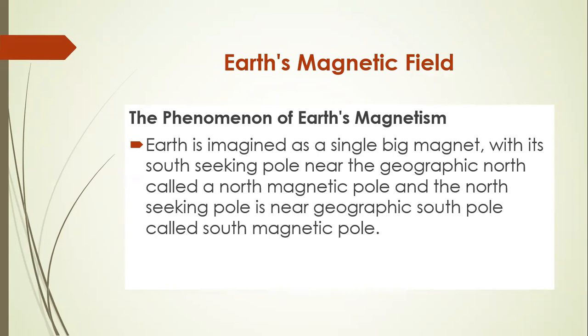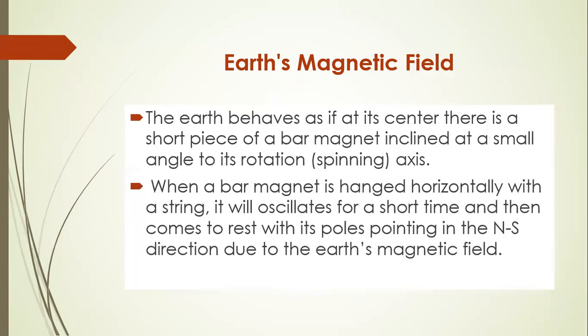Imagine there's a single big magnet with its south seeking pole near the geographical north, called the North Magnetic Pole, and the north seeking pole near the geographical South Pole, called the South Magnetic Pole. The Earth behaves as if at its center there is a short bar magnet inclined at a small angle to its rotation, that is, the spinning axis.